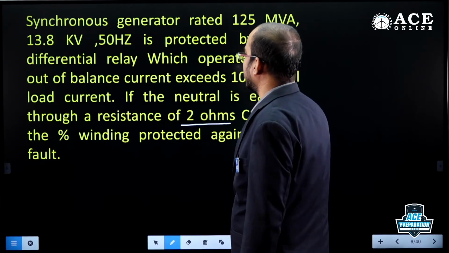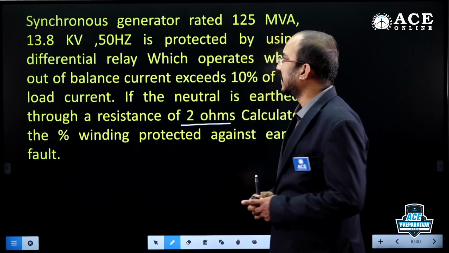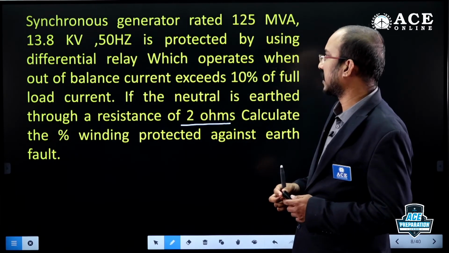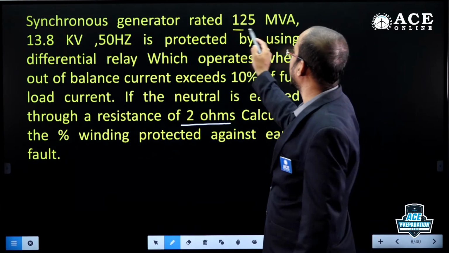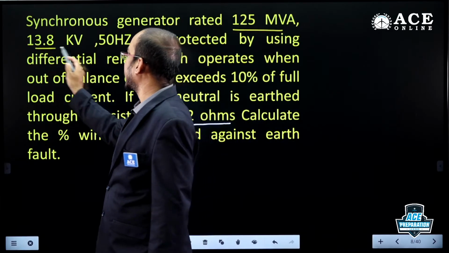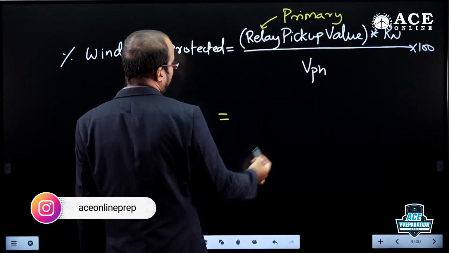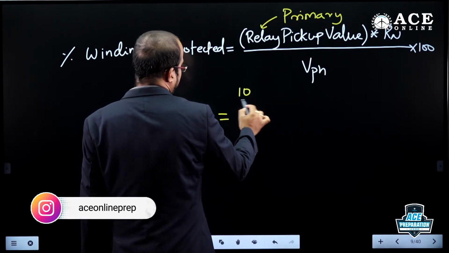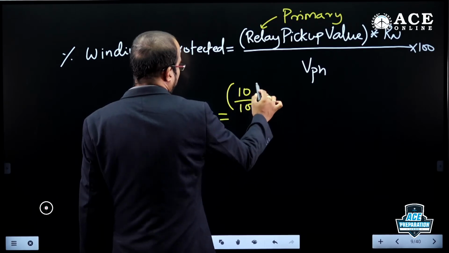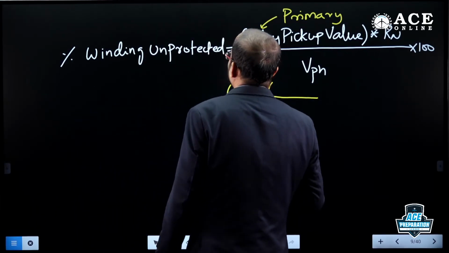Now let us observe the data again. The relay is said to operate when out of balance current exceeds 10% of full load current. What is the full load current here? 125 MVA, 13.8 kV. So let us substitute: 10% multiplied by S by root 3 times VL.